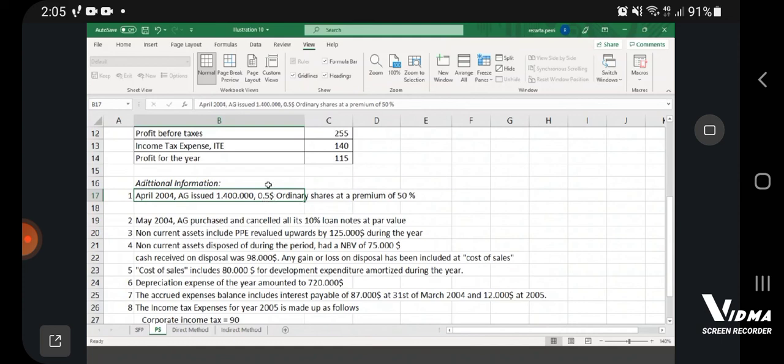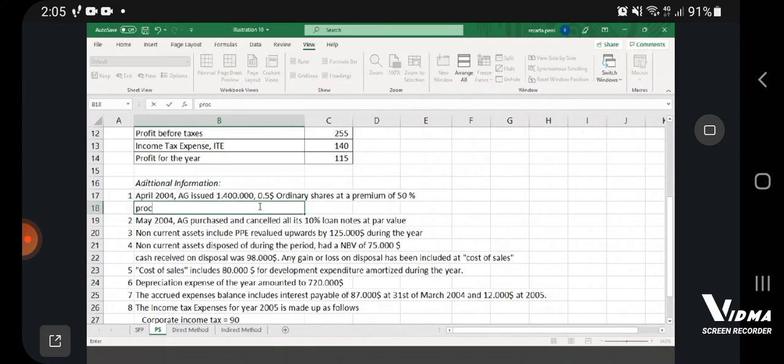They had a nominal value, or nominal price, of $0.5, and they were issued at a premium of 50%. That means that the issue price in the market is 50% higher than the nominal or face price that these ordinary shares have.